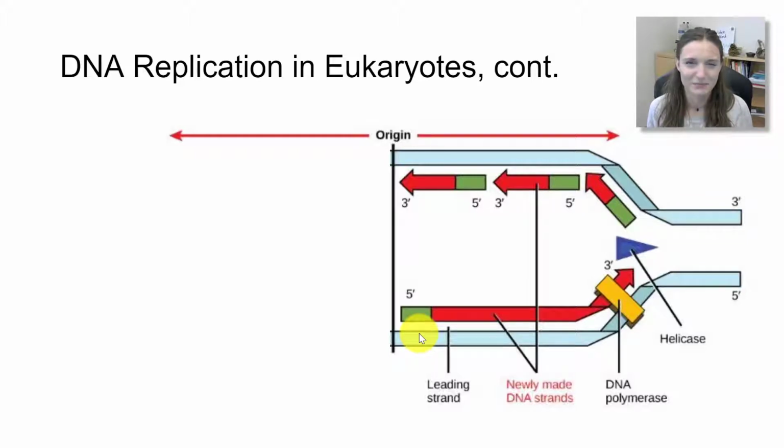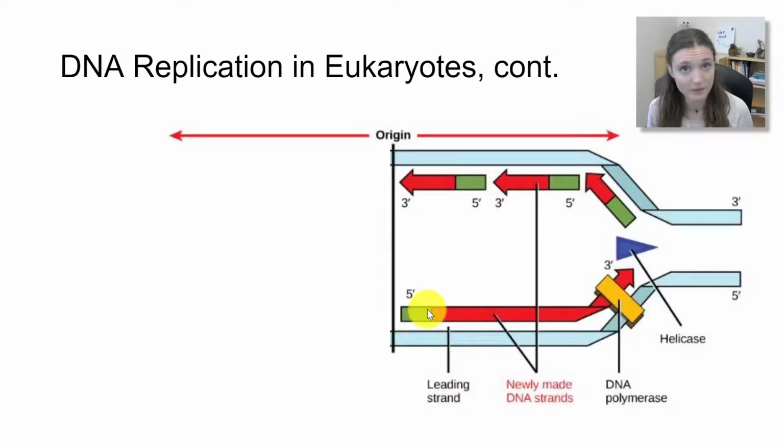I don't know, this analogy might not work, but you try to open a jar sometimes and you're like, I can't quite get it. You give it to somebody else and they can't quite get it, and then they hand it back to you and you open it up just fine, right? They're like, oh well, I loosened it for you. I guess. I don't know. So the RNA primer, which is created by the enzyme primase, is necessary for DNA polymerase to attach to the DNA molecule.